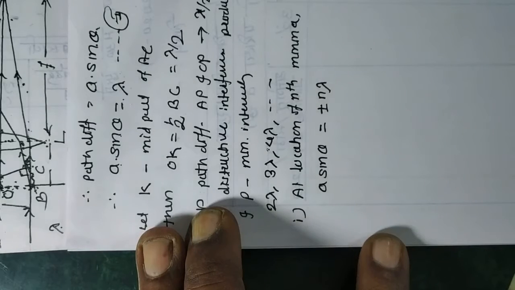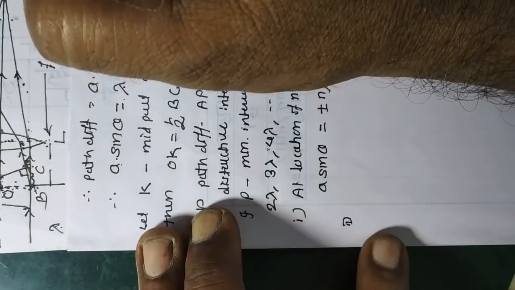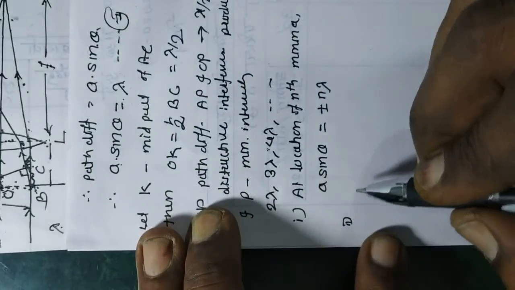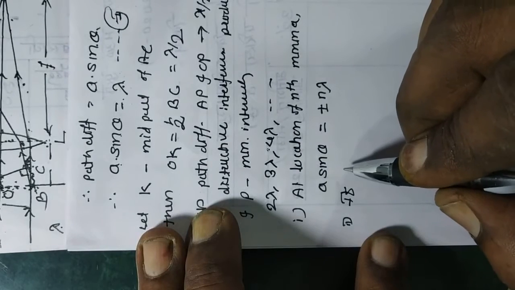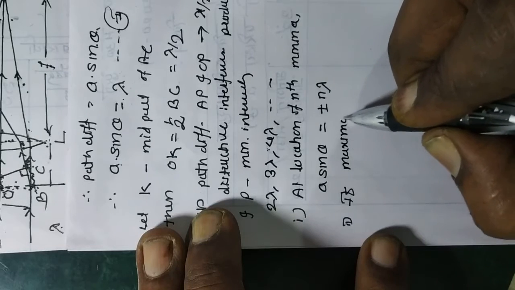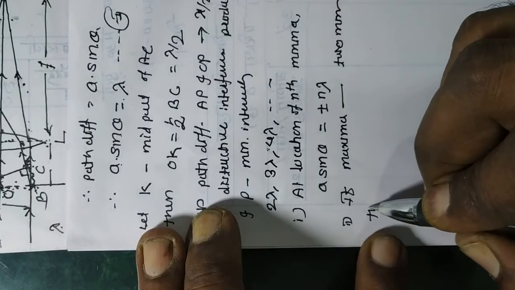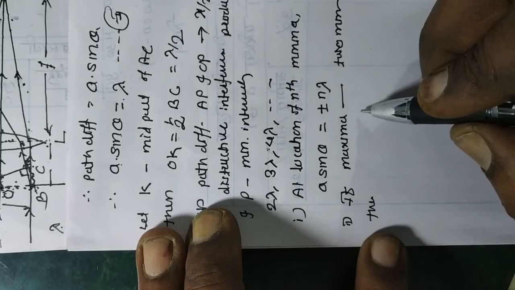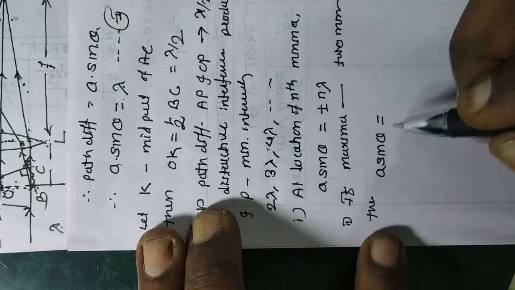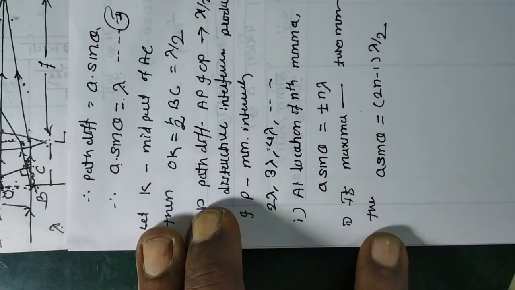If we assume maxima in between these minima, then at the location of the nth maxima, which lies between two minima, the path difference between the extreme two rays, that is a sin theta, is equal to (2n minus 1) lambda by 2.